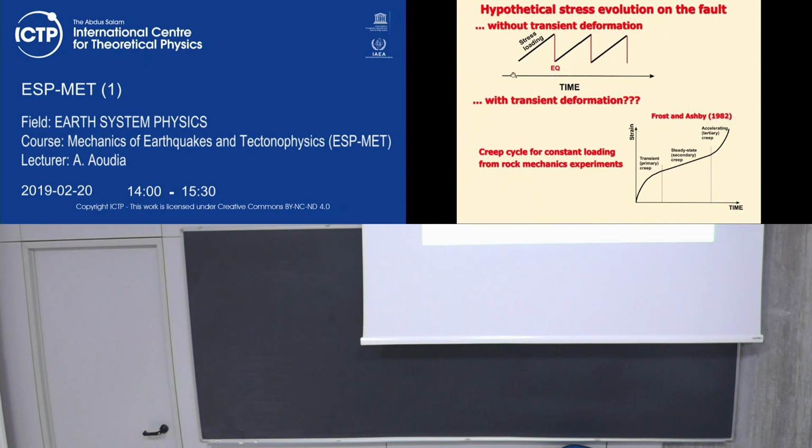A fault is a geological object, right? A fault is there since, it could be millions of years, or it could be thousands of years. And then an earthquake has its own mechanics because it's a process that happens over seconds and minutes, right? And further to this, we have the mechanics of the medium.